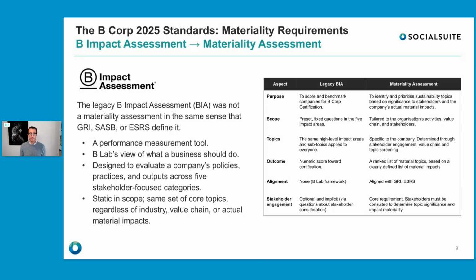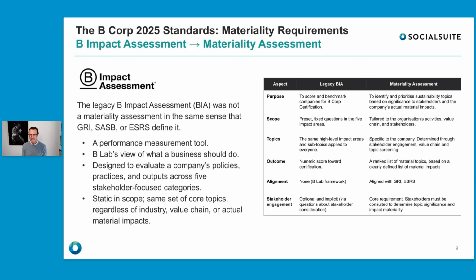The BIA was really a proprietary B Lab framework tool, but now moving forward, what B Corp's doing in their new standard is saying the materiality requirement is really aligned with GRI and ISRS in that sense, in terms of the approach they take.